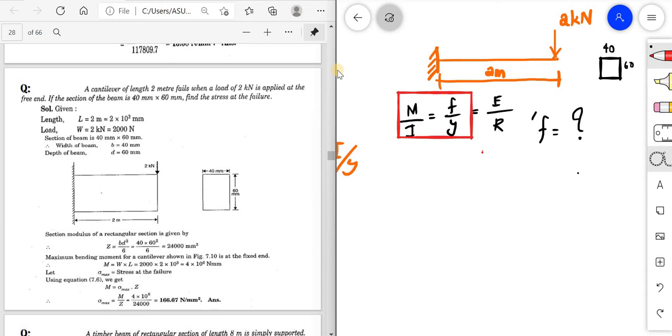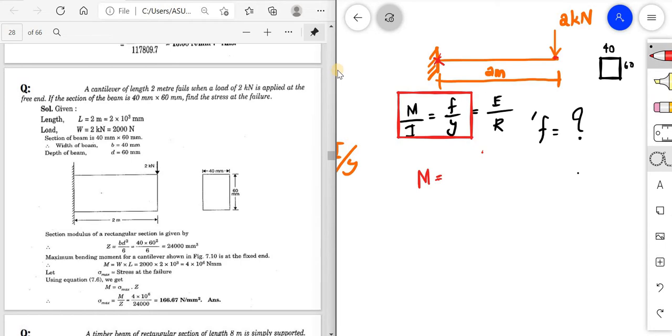That is, M by I is equal to F by Y. In that, what all terms do I need? F I have to find out, and M, I and Y. M is the maximum moment. So where will the maximum moment happen? For a cantilever beam, the maximum moment will happen at the fixed end.